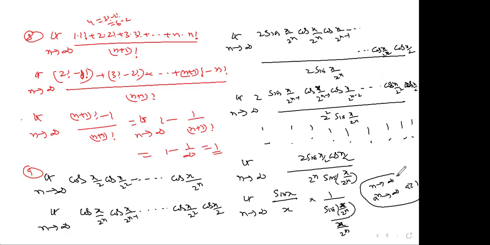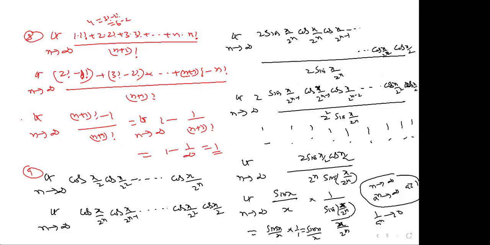I'm using this concept. But 1 by a to the power of n becomes 0, so this becomes 1. What is the left over? sine x by x into 1 by 1. So the answer is sine x by x. Okay, so the ninth one is completed now.